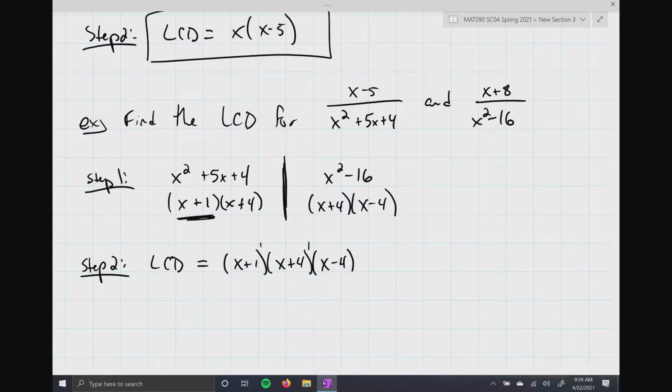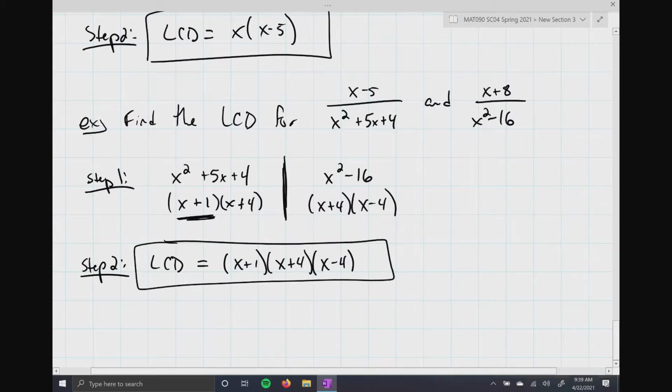So it's only a 1. And the last one is x minus 4. So here is our LCD. The only thing that we had to do here was factor. Any questions so far? Okay, good.